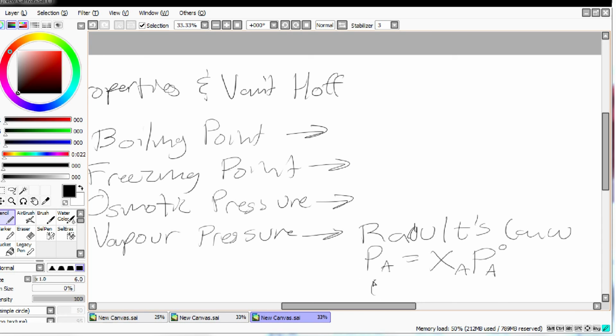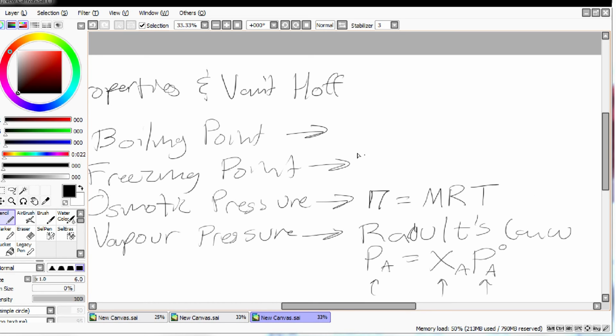So the vapor pressure equals the mole fraction of A in this colloid, and the pure pressure of A by itself. Then we have the osmotic pressure, given by this symbol, which is equal to MRT, R being the gas constant, T being the temperature in Kelvin, and M is molarity, of course, so that's moles over liters.